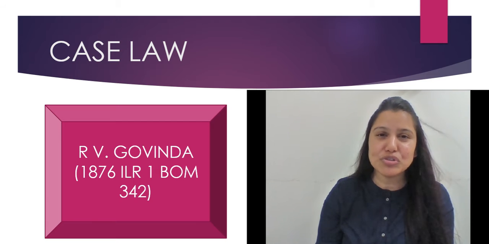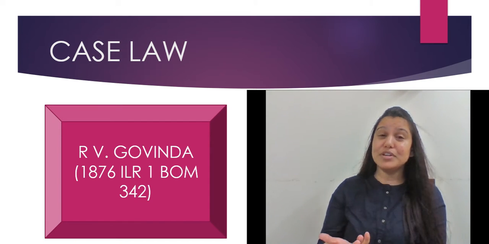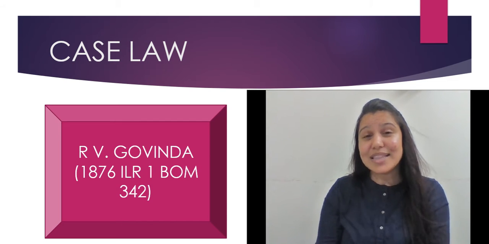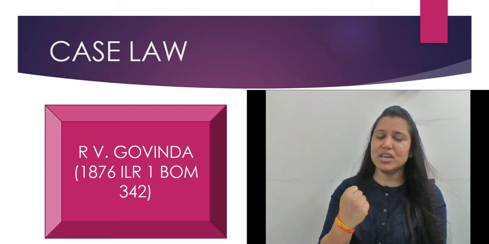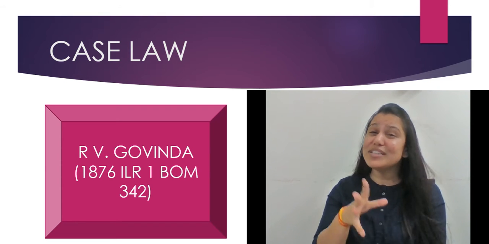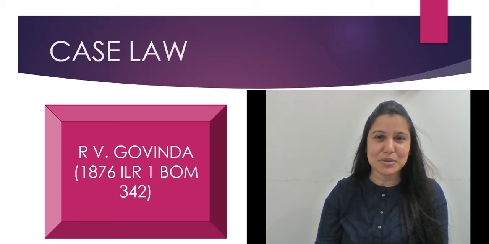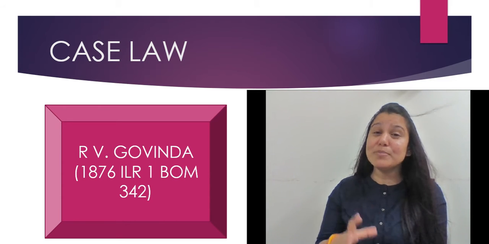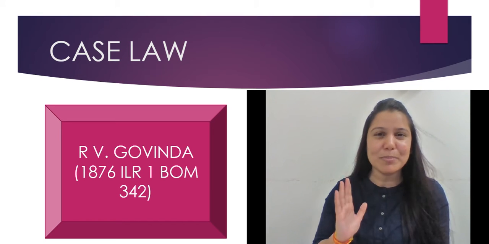they convicted him under Section 302, that is the punishment for murder. But later on, when it went to the apex court, the apex court stated that if a man hits somebody or punches somebody on the face, it is not sufficient in the ordinary course to cause the death of the person. You remember that third point. In murder, the injury should be sufficient in the ordinary course to cause the death of a person.